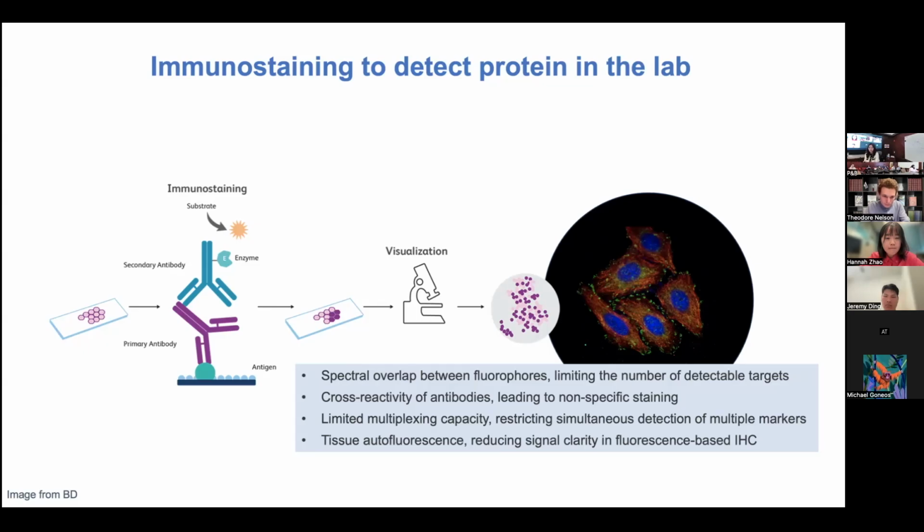There is spectral overlap, but also the antibodies tend to cross-react and have non-specific staining. And these are some of the challenges they had to really overcome to go from 1 or 2 marker staining to multiple markers and really call it spatial proteomics.